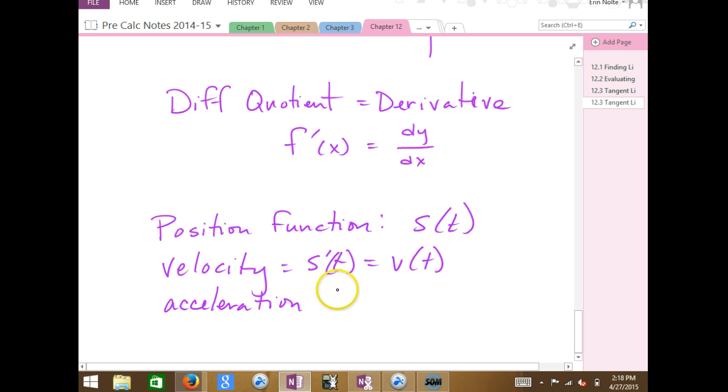Yeah, acceleration. So acceleration is the derivative of the velocity function. So we can find how fast something is accelerating instantaneously.